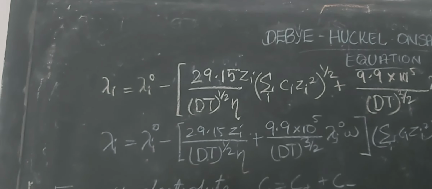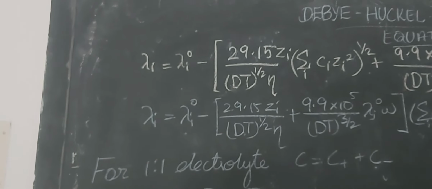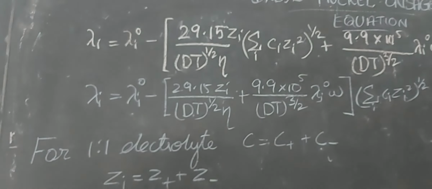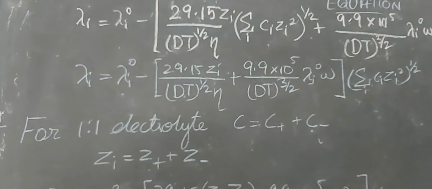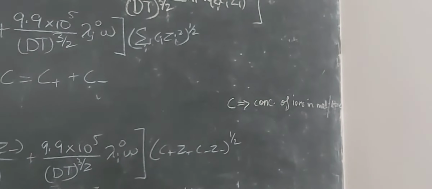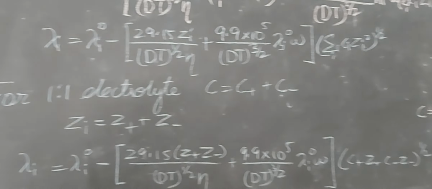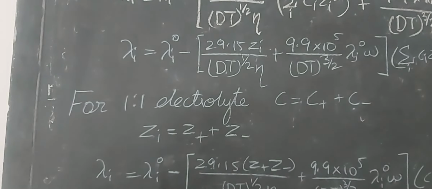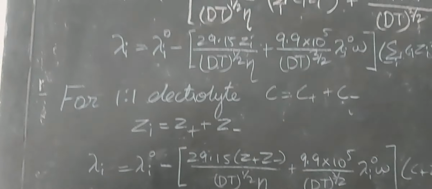If this solution has a 1:1 electrolyte, then C is equal to C plus and C minus, and Zi equal to Z plus and Z minus. What is C? C is the concentration of ions in mole per liter. So I am substituting this Z value and C value in this equation.